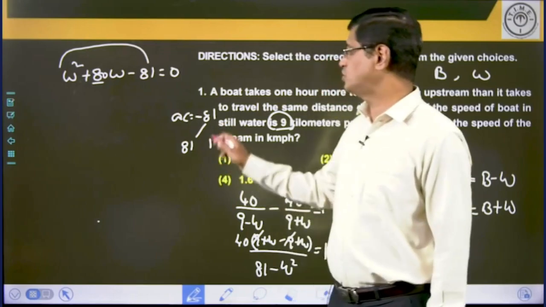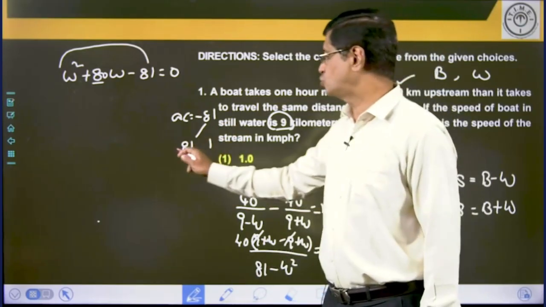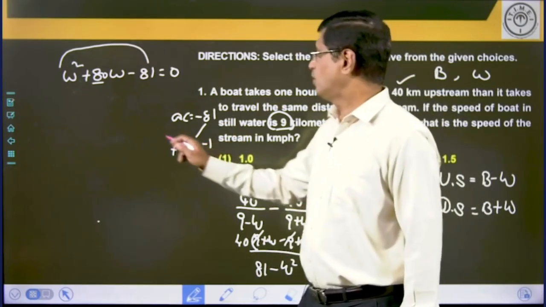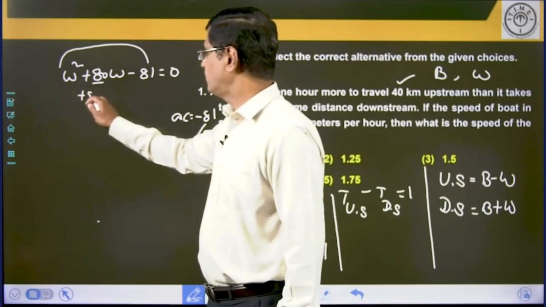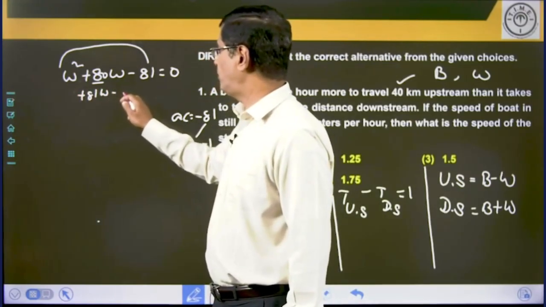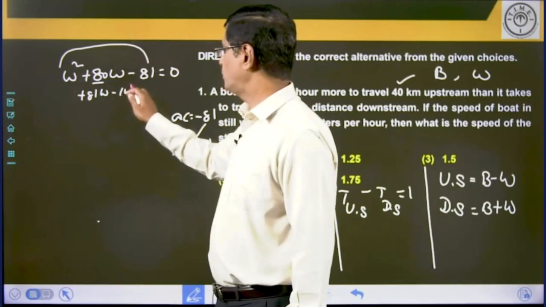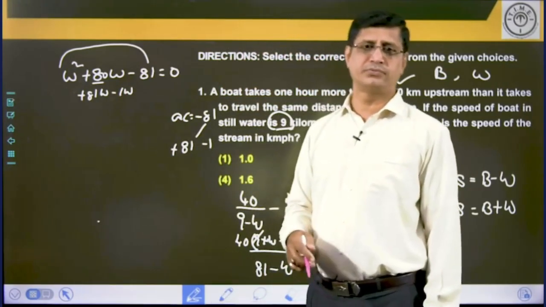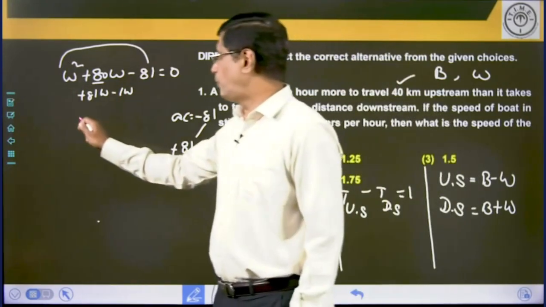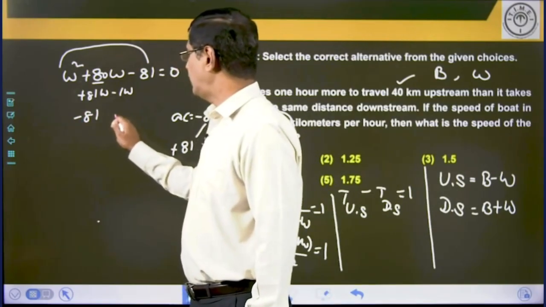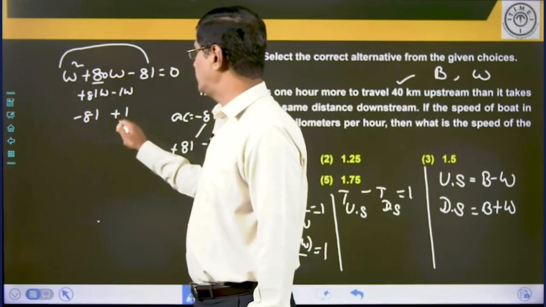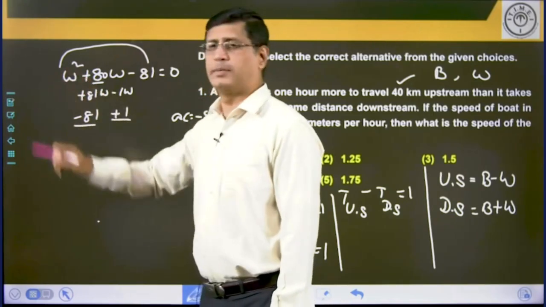The product of these two is 81, and the factors are plus 81W and minus 1W. So what are the roots? Minus 81 and plus 1, by coefficient of W square.